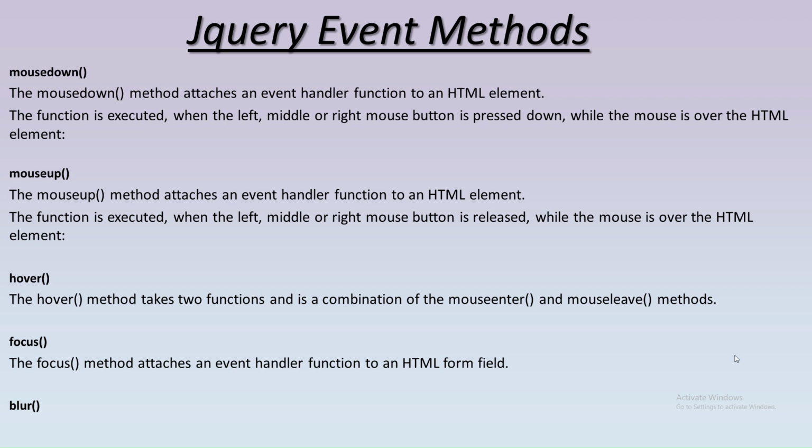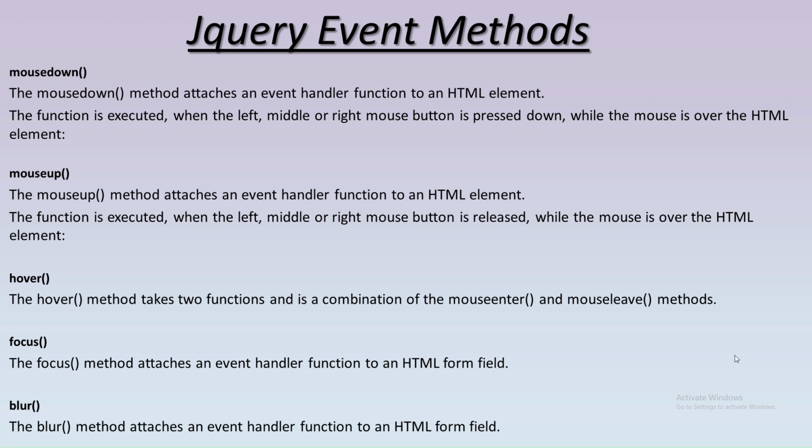So whenever the mouse is hovering over an element, that function is fired, which is regulated by the hover method. Focus. The focus method attaches an event handler function to an HTML form element. If there is a text box, whenever you are tapping on the text box, the focus method fires its function.